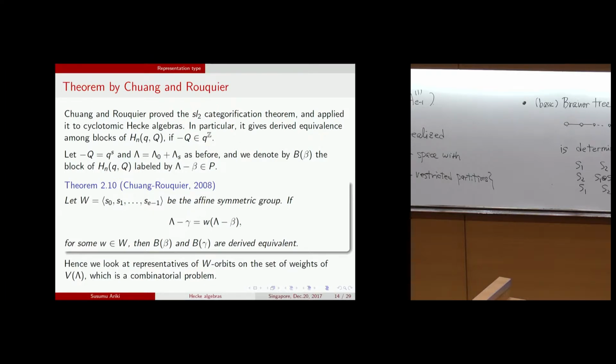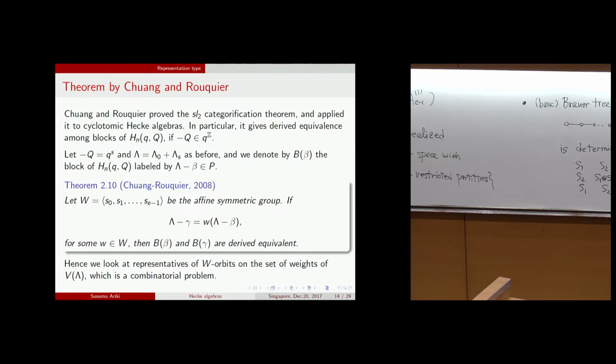So as I wrote, let minus capital Q be q to the s, and let lambda be the level 2 weight, lambda_0 plus lambda_s as before, and we denote by B_beta the block of H_n(Q) divided by this weight. Then the result of Chuang-Rouquier applied here is the following. Let W be the affine symmetric group generated by s_0 to s_{e-1}. If lambda minus gamma and lambda minus beta are in the same W orbit, then they are derived equivalent.